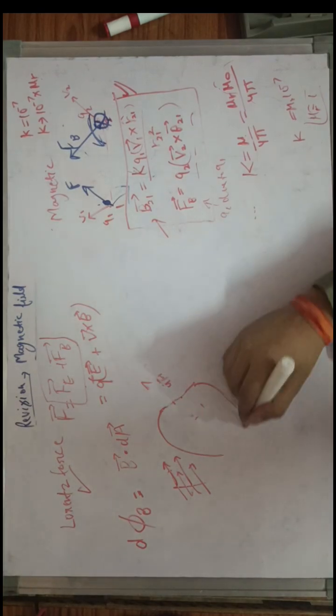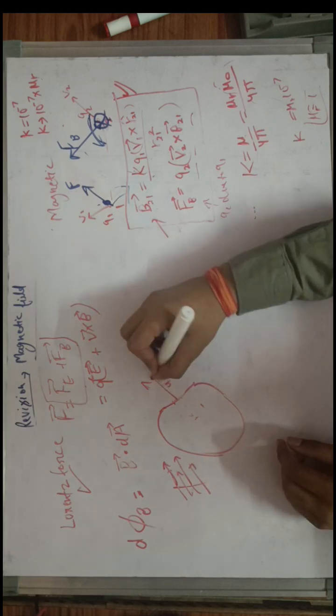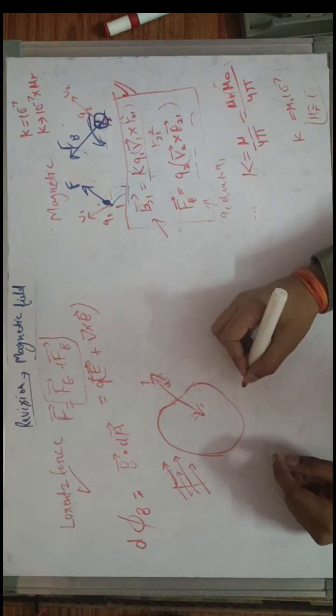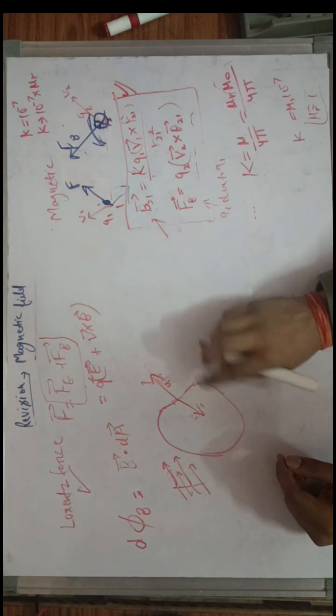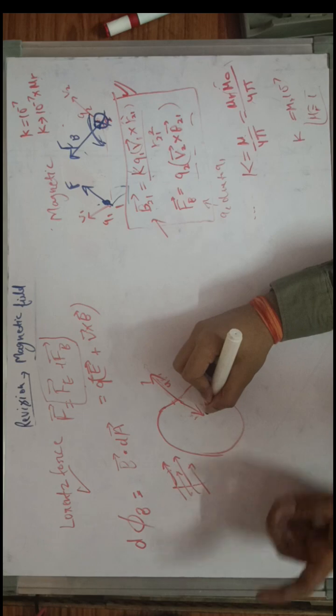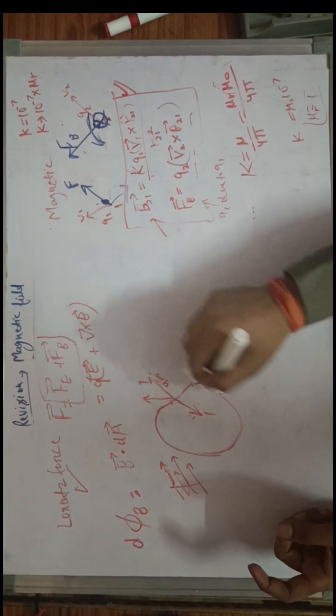But if we take a closed surface, then by convention we take the area vector outside the surface. So even if the magnetic field is inside, we take the area vector outside. It doesn't matter whether the magnetic field is inside or outside, we will take the area vector outside in the case of a closed body.